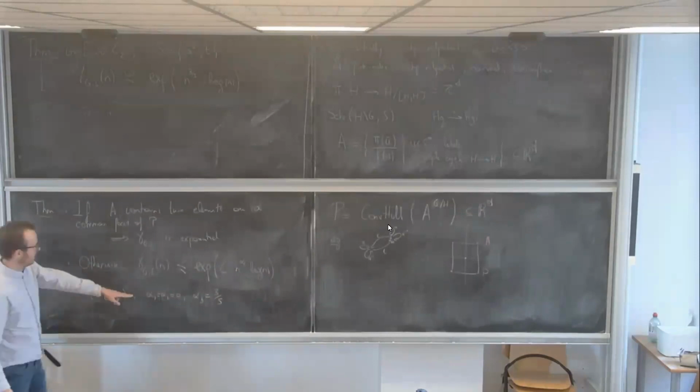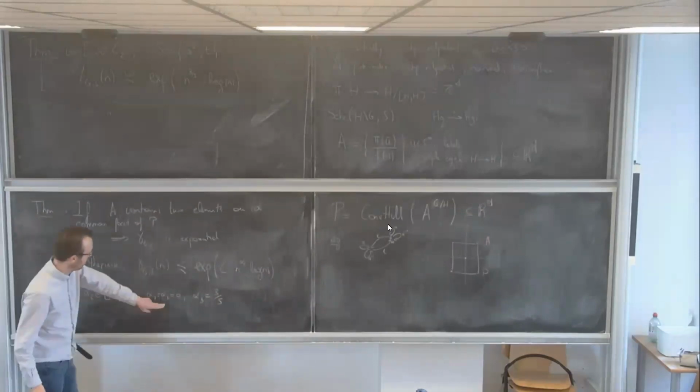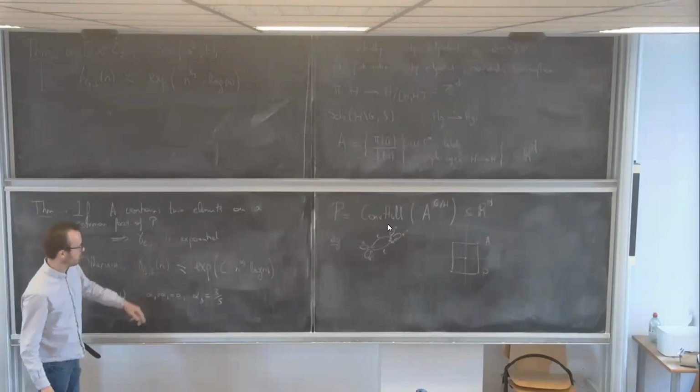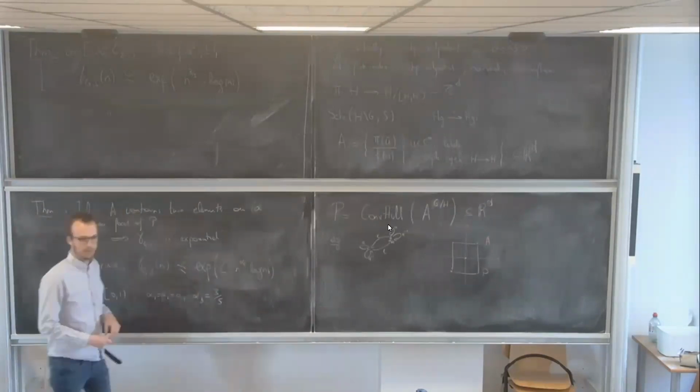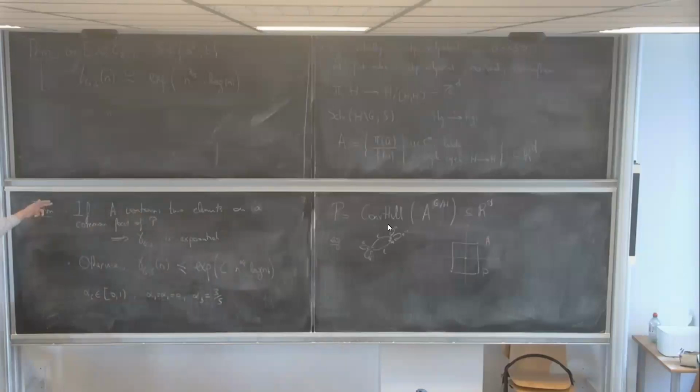So this means that in step 1 or 2, you get exactly exponential or polynomial. It's bounded by a polynomial.